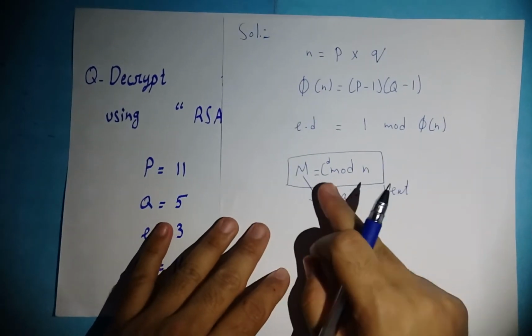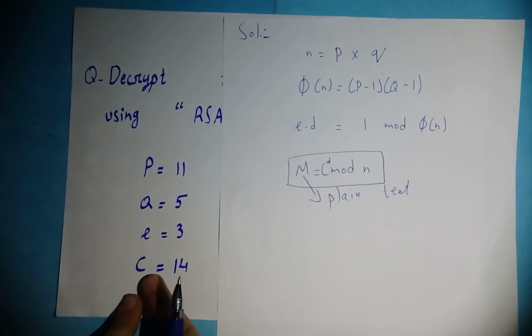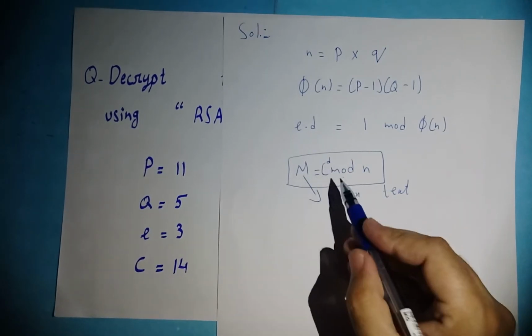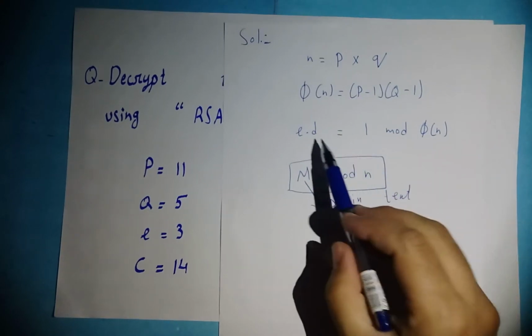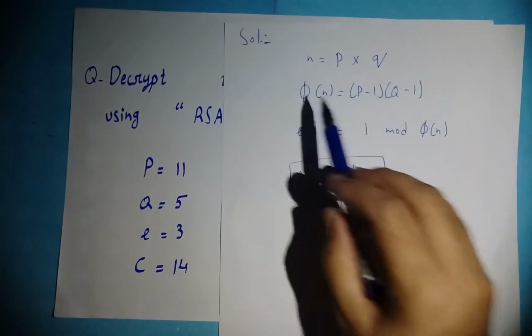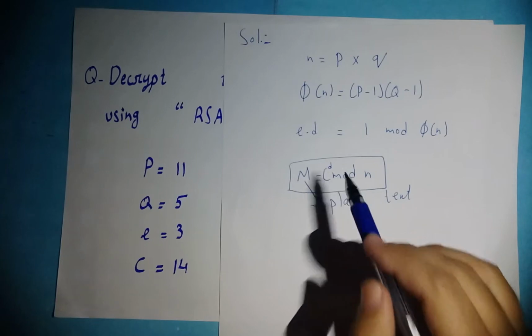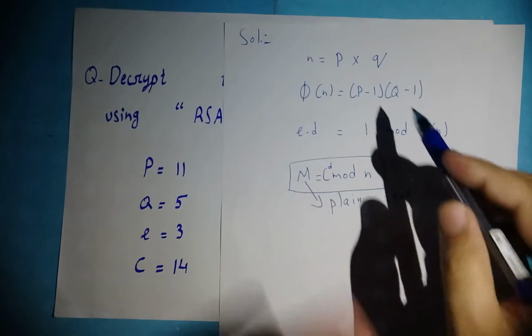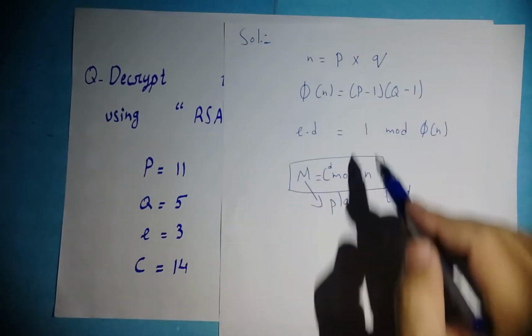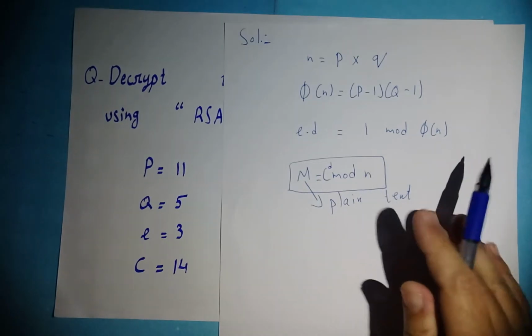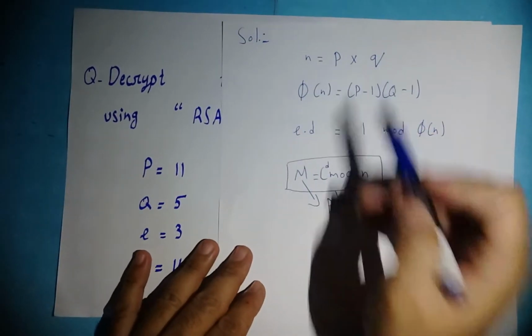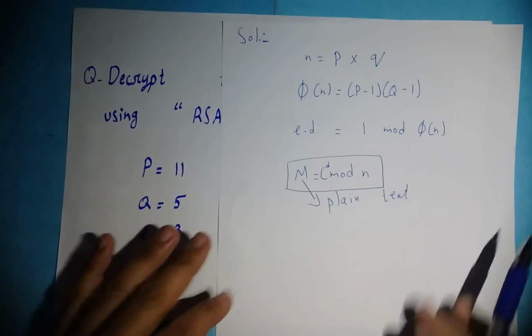Now if you see, I've got C right over here, but I haven't got the value of D. So it means I have to use this formula and this formula as well for finding out the value of D. That's why I needed these 2 formulas and mod n. Now I do not have n as well, so I need this formula for finding out n.